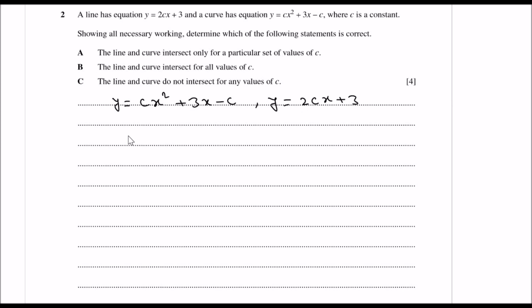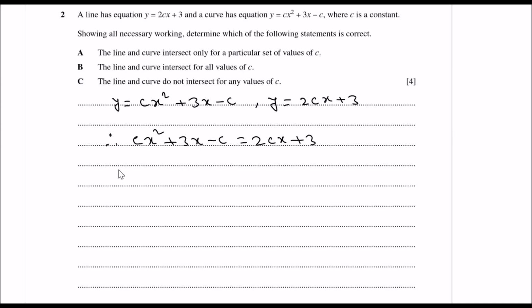Because both are equal to y, they are equal to each other, so we can equate them. Therefore we can write cx square plus 3x minus c is equal to 2cx plus 3, right?